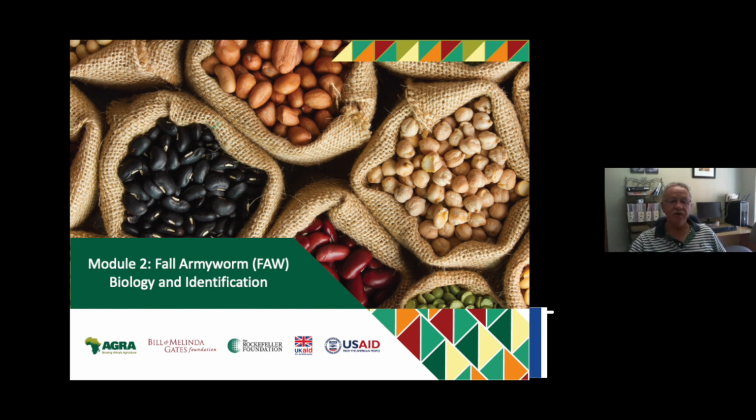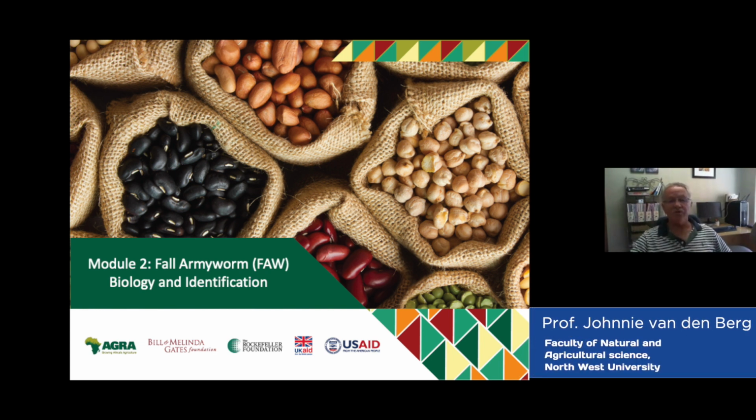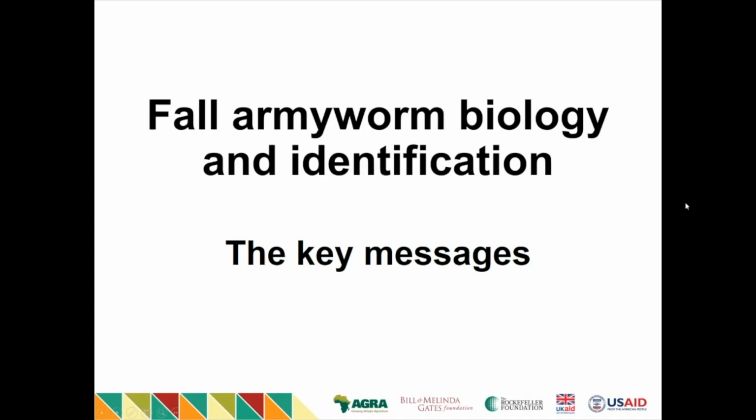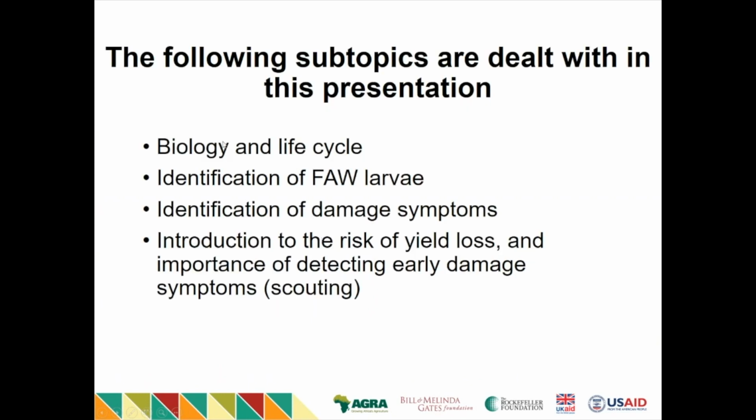Good day, everybody, and welcome to Module 2 on fall armyworm biology and identification. I hope you learn things today to convey to farmers in terms of these topics. The key messages are the following, dealing with specific subtopics.